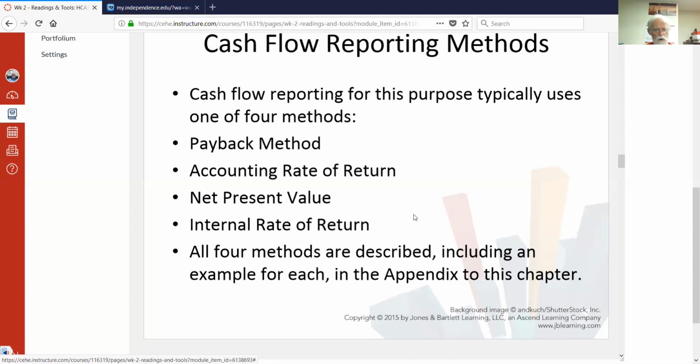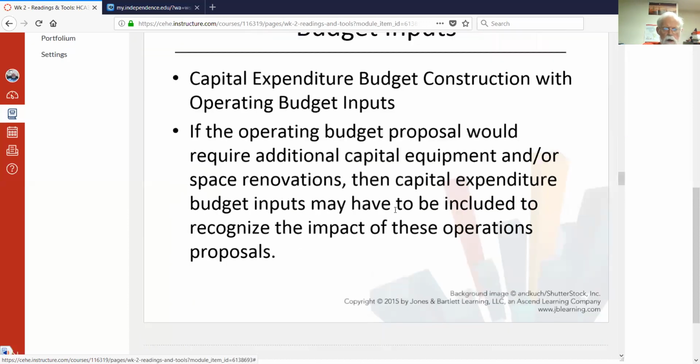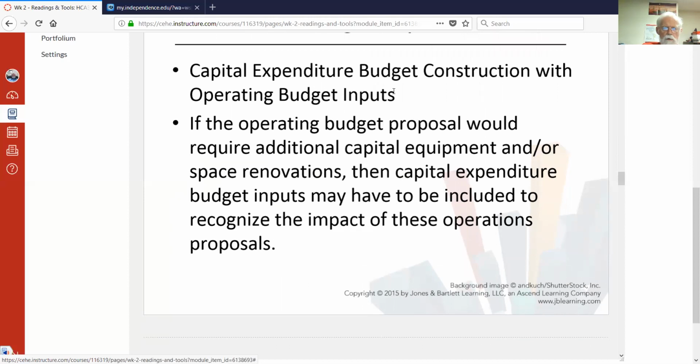And we hope that that return is, of course, going to be higher than just putting the money into the market. But we need to construct this. When we're looking at a CapEx budget, we're looking at the operating budget as well, because the operating budget is what allows us to have the money to pay the debt or the capital expense.